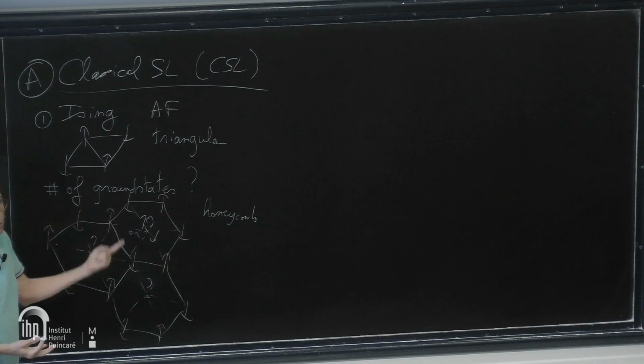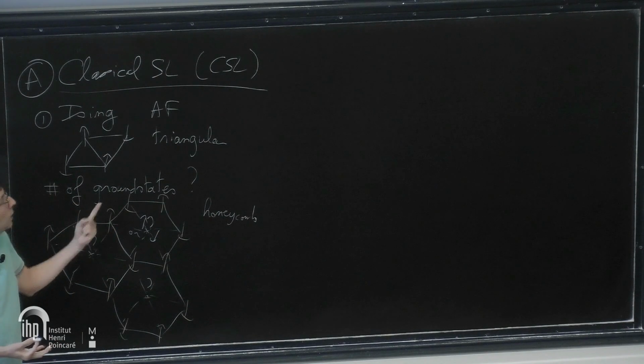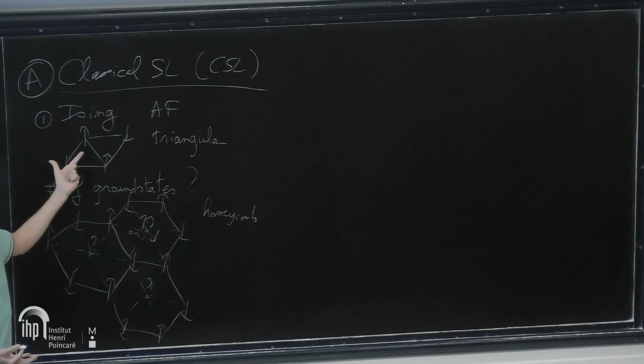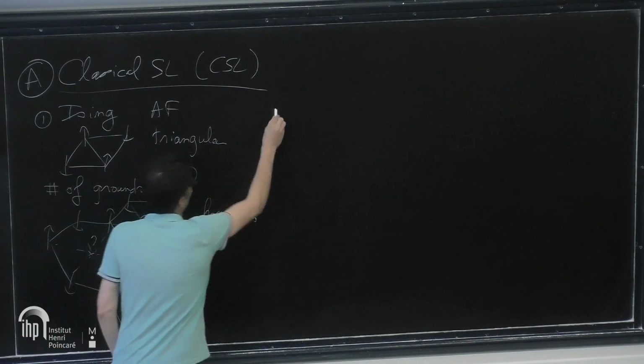And now the nice thing is that here I can put any spin, up or down, on this site. Whatever I do, it will be one ground state. Because you can check that on each triangle, there is only one unsatisfied bond, which is my condition for the ground state. This is the minimum I can have. It's frustrated. I don't want to frustrate the three bonds. I don't want three up spins on a triangle. So it's one ground state.